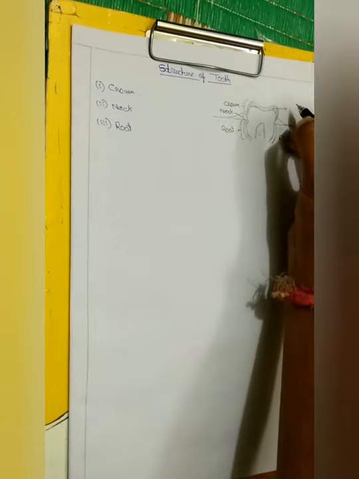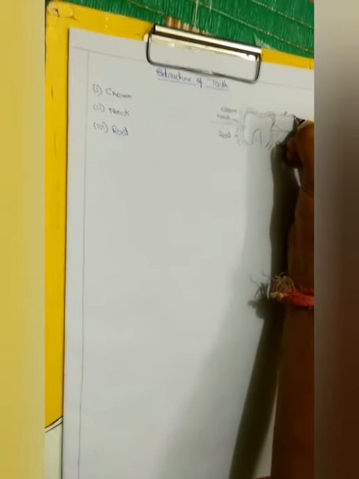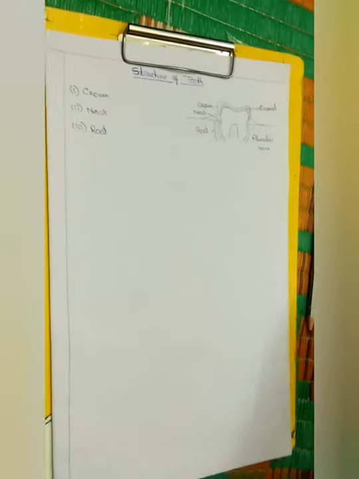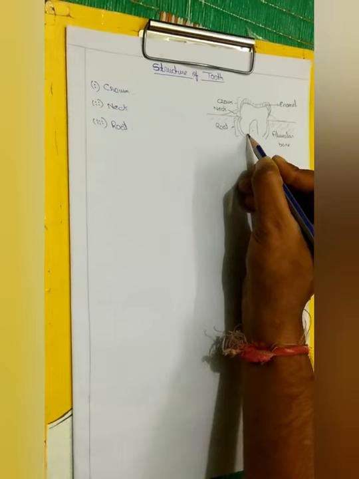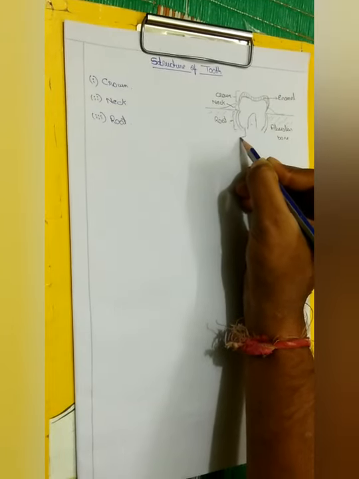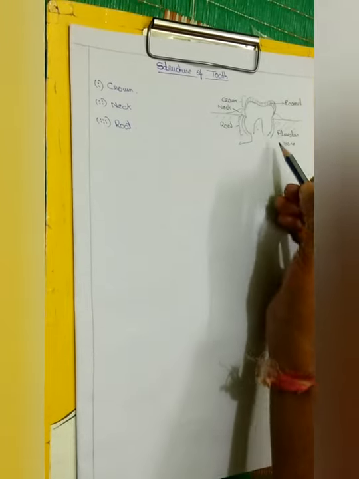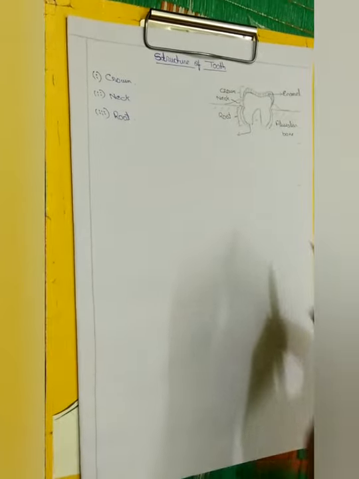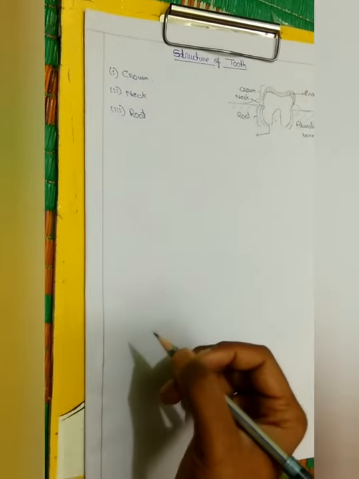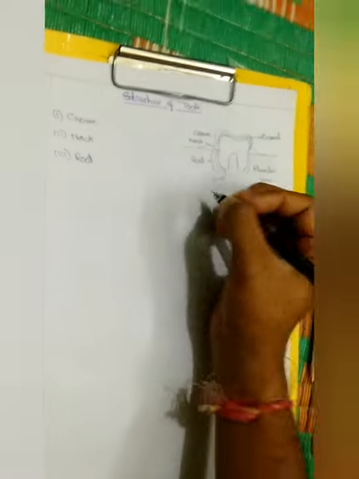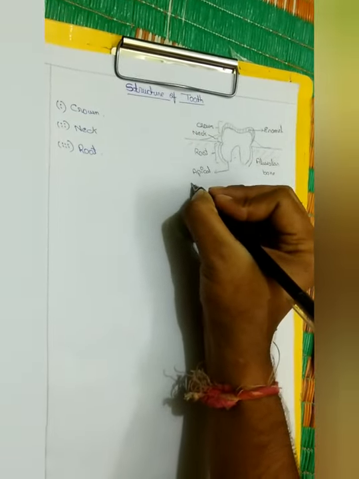And the opening at the bottom, the portion which is open, is known as the apical foramen.